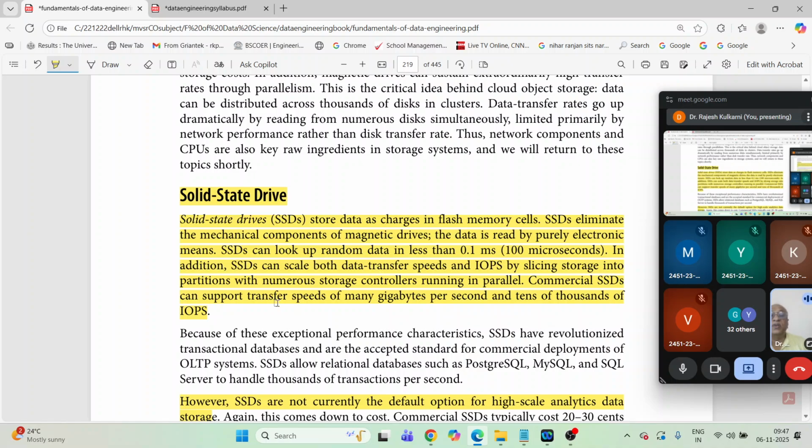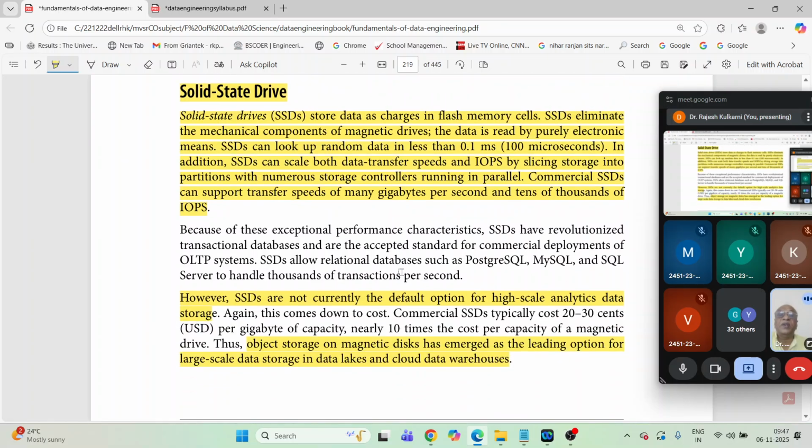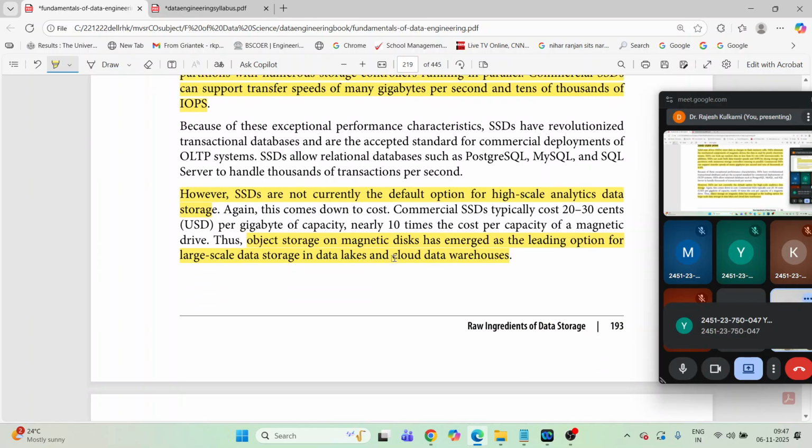For example, data lookup can be in 0.1 milliseconds. Data transfer speeds and IOPS can be scaled up. The speeds can be up to many gigabytes per second and tens of thousands of IOPS. But still SSDs are not the default option for high scale analytic storage.